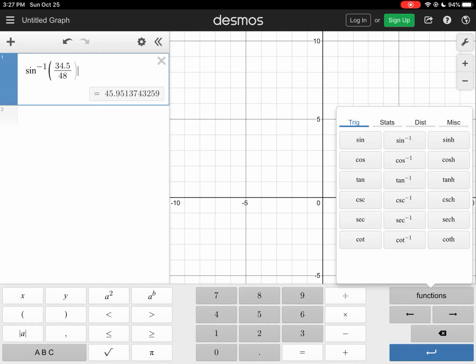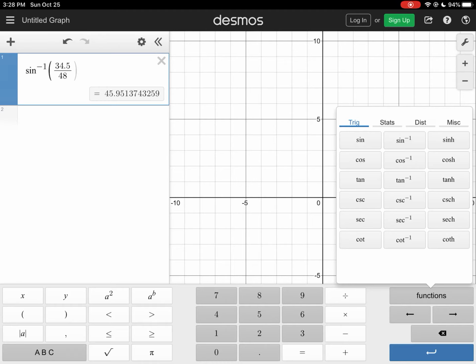You hit functions, you're in the middle column. Type in the fraction that you got when you set up your equation, and it will give you your angle measure. Much quicker, not by much though, than finding a side, because the calculator does all the work for you.